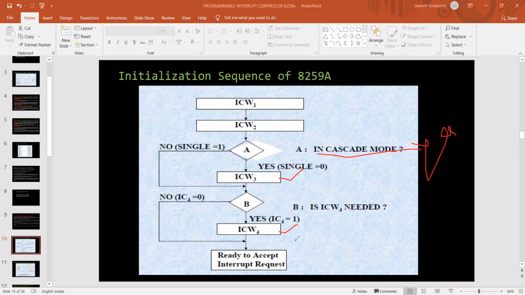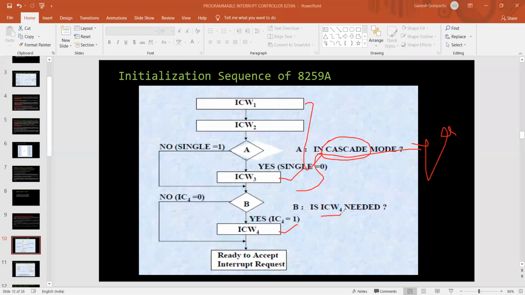Okay. But when you are operating in the cascade mode, very important point. When you are operating in the cascade mode, you will definitely have these 3 initialization command words. After seeing what is ICW1, ICW2, ICW3, and ICW4, you will definitely feel that after having ICW3 in the cascade mode, you will definitely require ICW4.